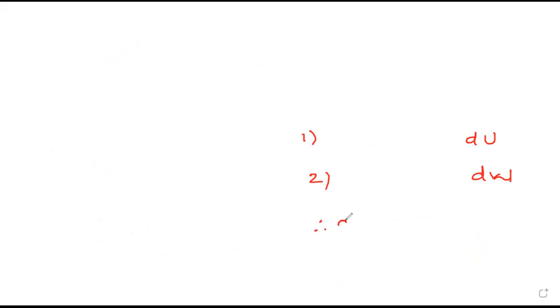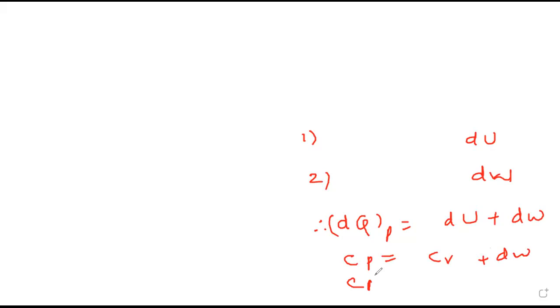Therefore, heat supplied at constant pressure is internal energy plus work done. So for 1 mole of gas, if temperature is changed by 1 Kelvin, then this is Cp, this is Cv, and this is dW. So can I say Cp is greater than Cv or not? Now followed fully?